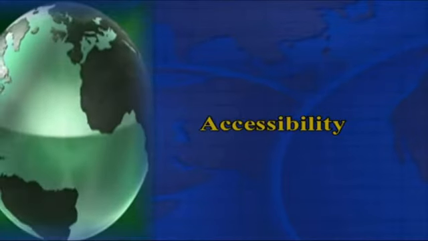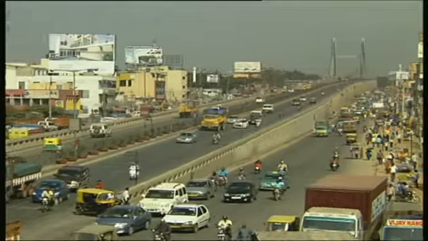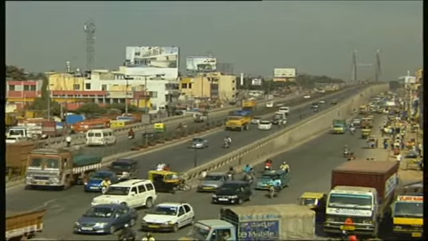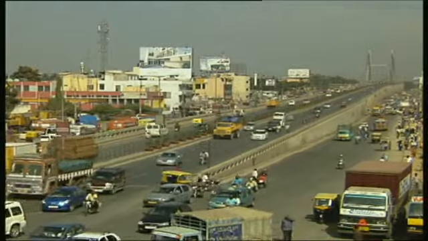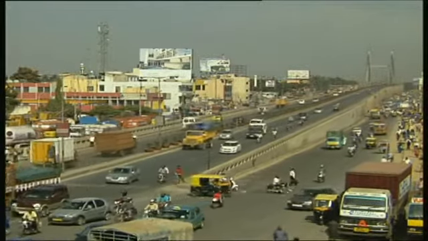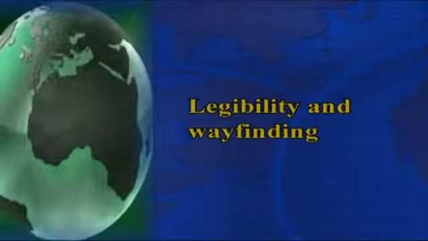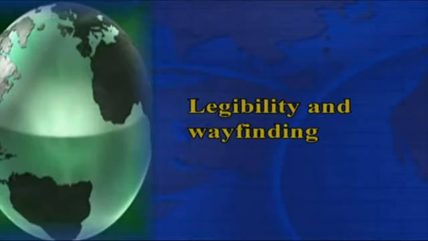Next comes accessibility. Accessibility is to provide ease, safety and choice when moving to and through places. Next comes legibility and wayfinding. These factors help people to find their way around and understand how a place works.